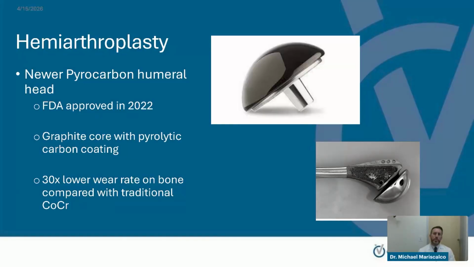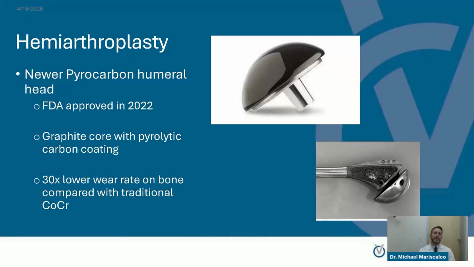This would be one of the newer designs. It's an FDA-approved pyrocarbon head surface that was approved in 2022. It has a graphite core with a pyrolytic carbon coating, and it has substantially lower wear rates on bone compared to traditional cobalt chrome, and the cobalt chrome material is shown in the bottom right compared to the new material in the top image.